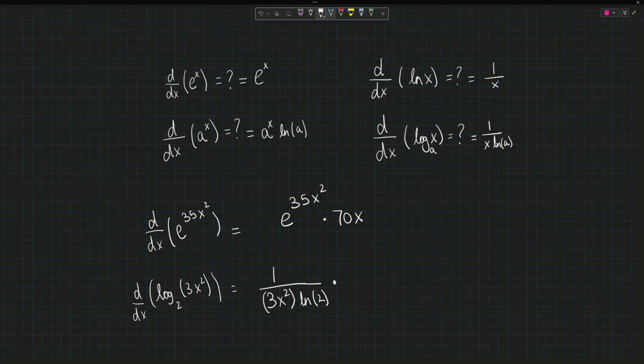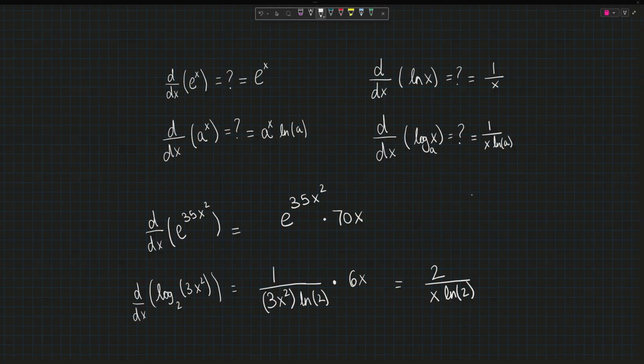And now multiplied by the derivative of the inside, so 2 times 3 is 6x, simple power rule. And then you could put the 6x here and divide and simplify. You could get 2 over x ln 2. And even with the chain rule, these don't take that long. You'll probably finish these in 10 seconds or less.